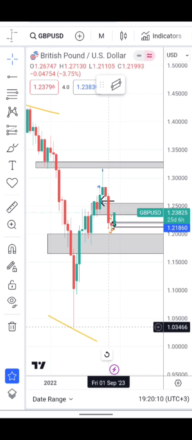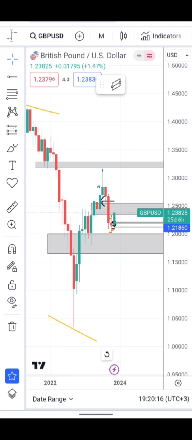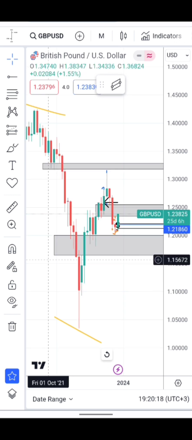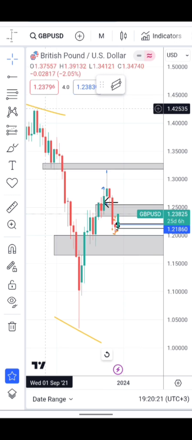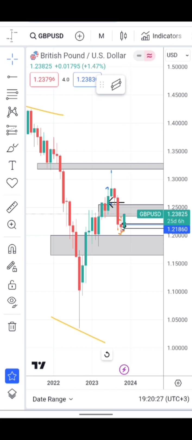Personally, as long as GBP is still trading between 1.03466 and the high of 1.42435, I'll still consider it bearish on monthly time frame.